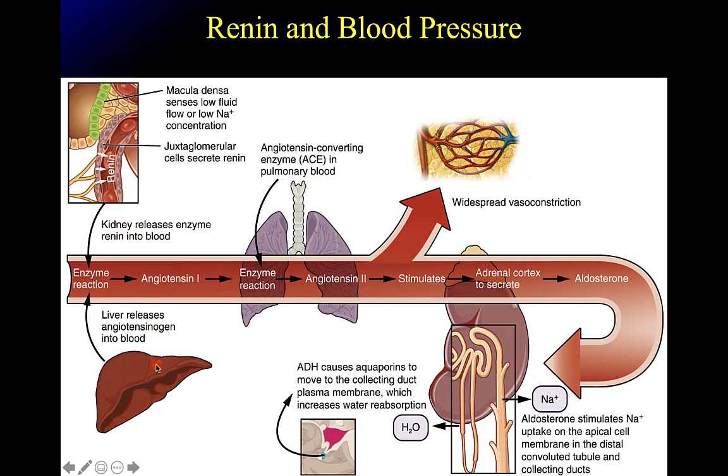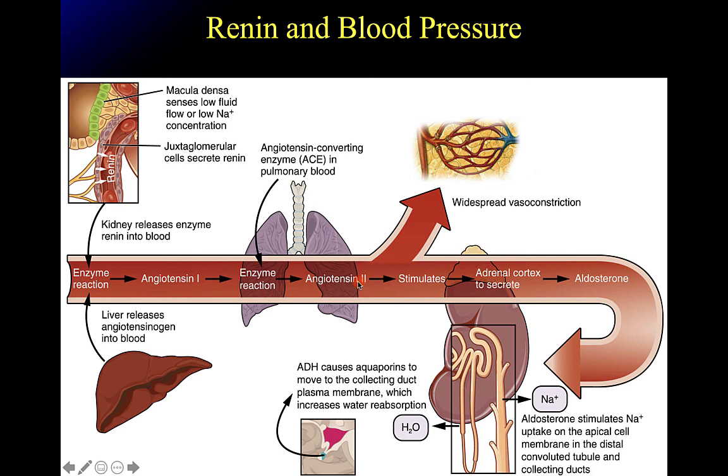Now the liver is constantly forming something called angiotensinogen. So this is floating around in our blood, but the renin is going to activate this. So there's an enzymatic reaction, and it converts this angiotensinogen to angiotensin 1. It moves to the lungs, where this is converted by angiotensin converting enzyme, or ACE, into angiotensin 2.